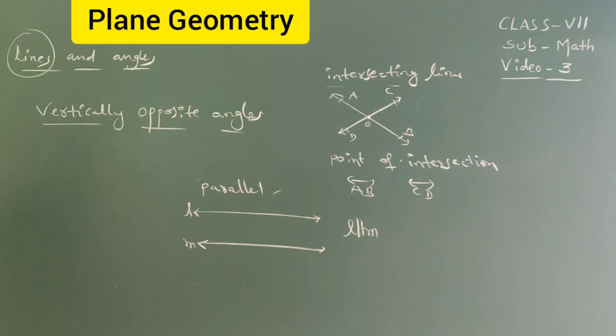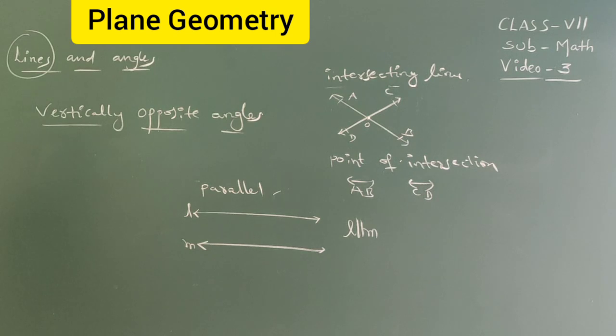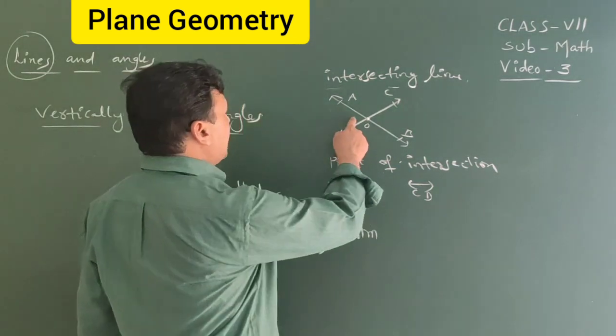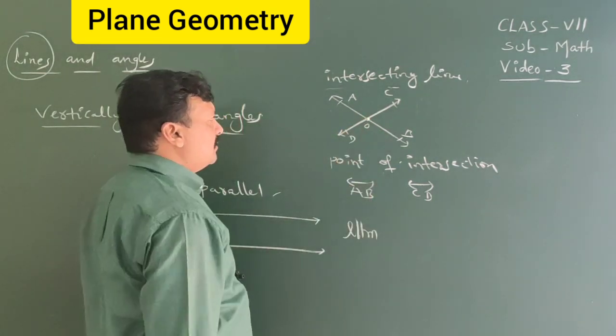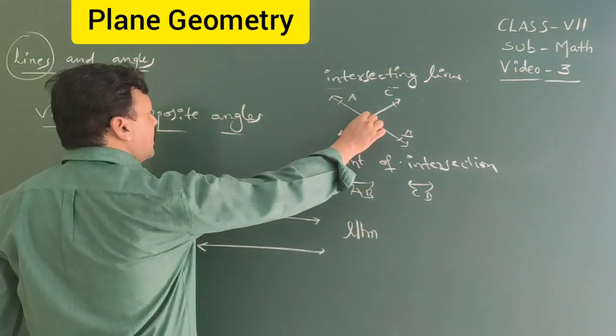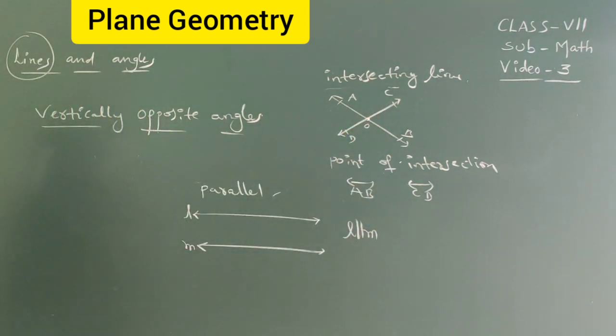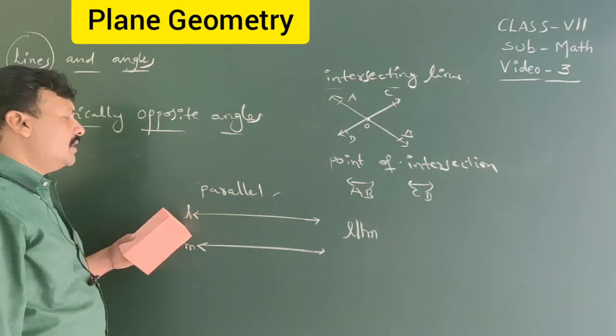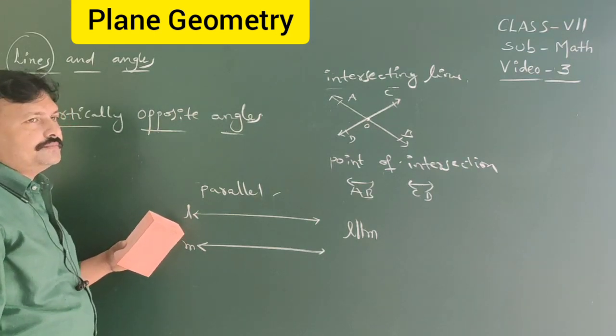If they are not intersecting each other, definitely they are parallel lines. Here intersecting means two lines meet at a point in a plane. The common point is called the point of intersection. If they never intersect anywhere, they are called parallel lines.